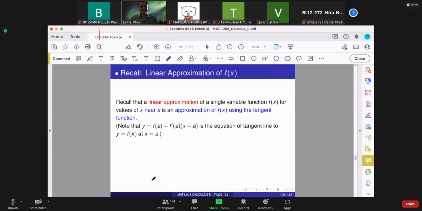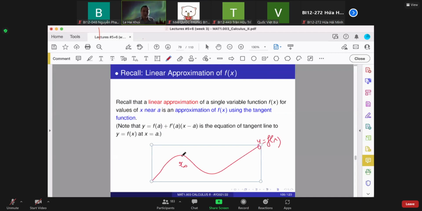Now, the last part, approximation. Because as we mentioned, we use the tangent plane for approximation. For one variable, remember, we already talked about it: when you have y equal to f(x) at a point x0, if we want the value of f(x) where x is very near to a, okay, I write a here, not x0, then in general we can use the so-called linear approximation L(x), which is here.